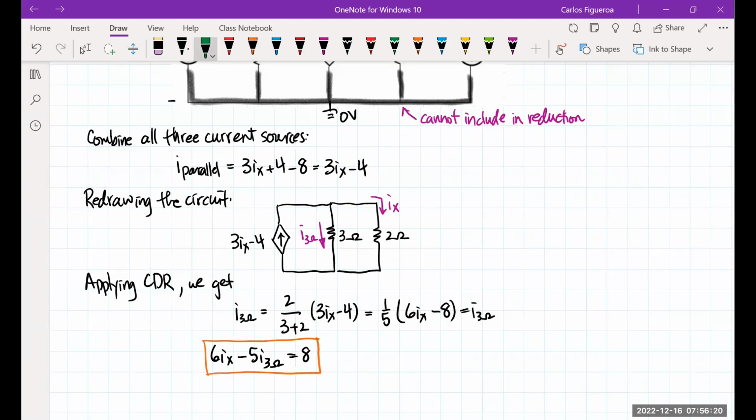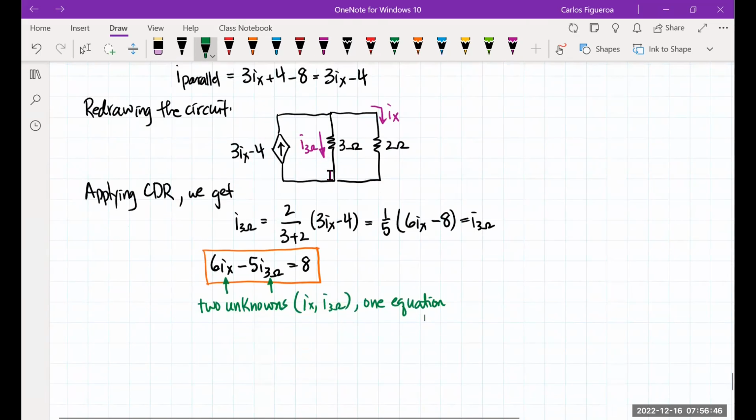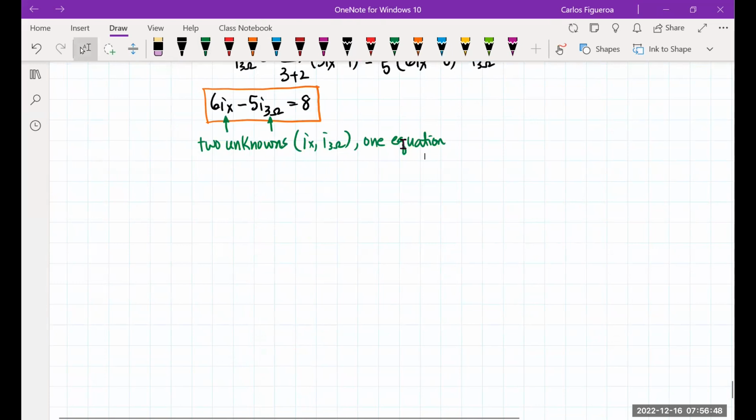So CDR immediately tells me that I have the unknown of Ix and the unknown of I3. I have two unknowns, Ix and I3 ohm, and I have one equation. So that tells me that I'm going to have to get a second equation.